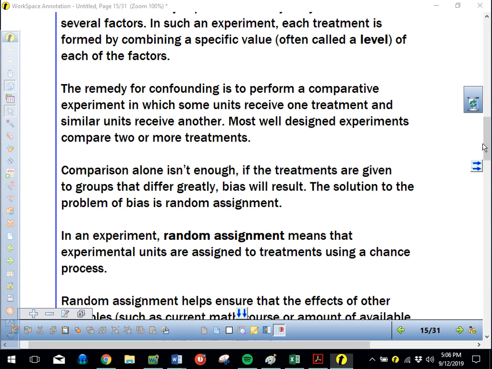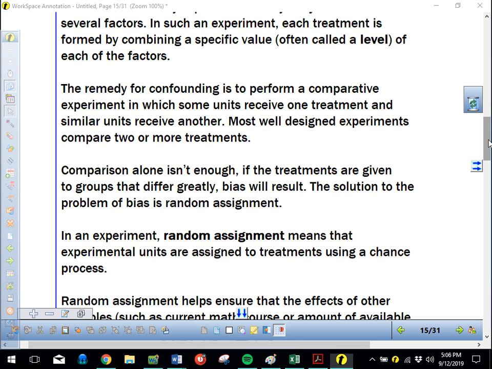So we're trying to eliminate all the other variables that could naturally change as a result of different things by using random assignments, by having control groups. So experiments do a nice job of getting rid of all these extra variables that we have in place by allowing them to become statistically insignificant.